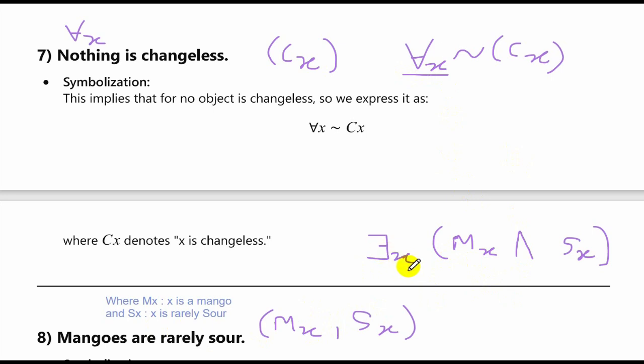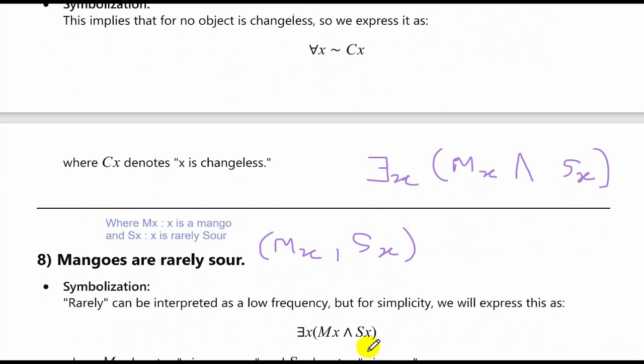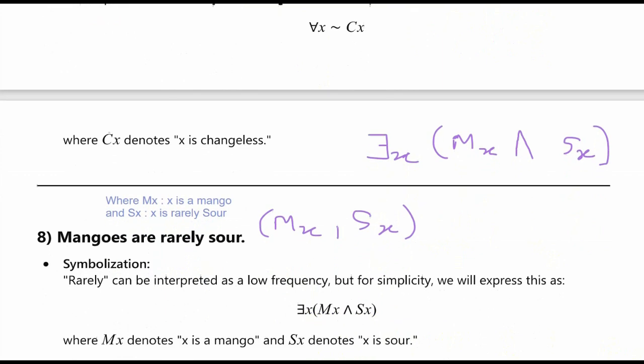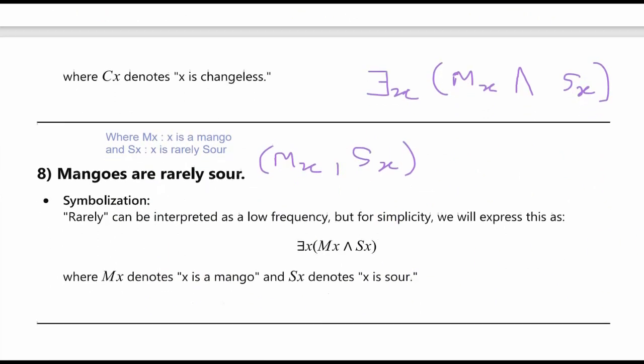There exists at least one X such that X is a mango and X is rarely sour. So it is matching perfectly. Let's see where MX denotes X is a mango and SX denotes X is rarely sour. It's matching, so we can go ahead.